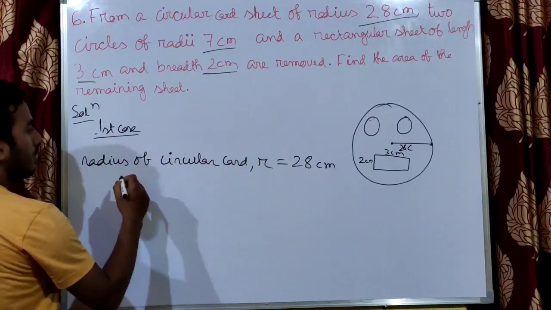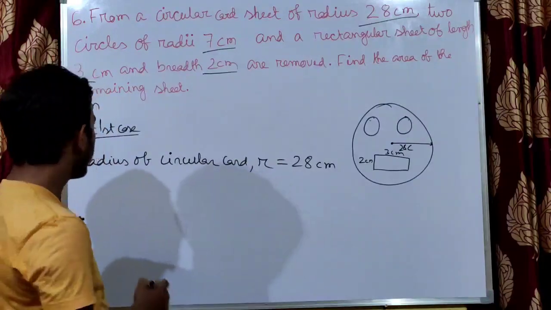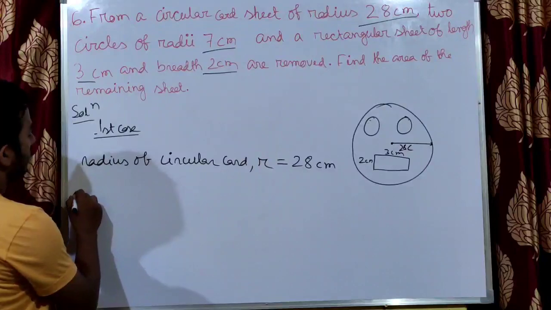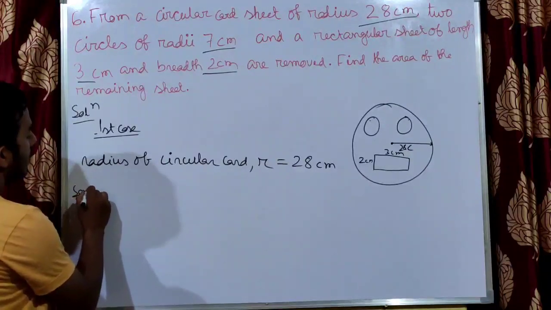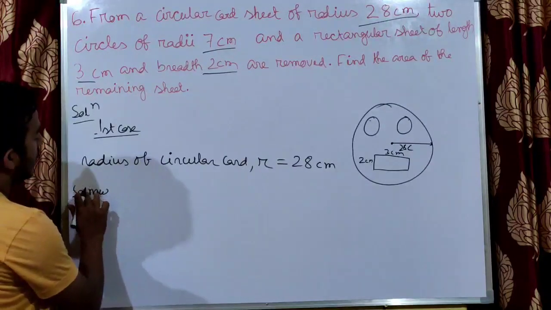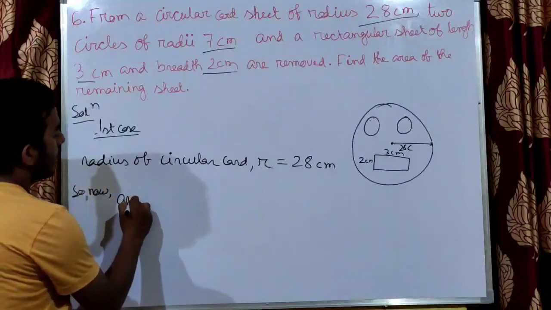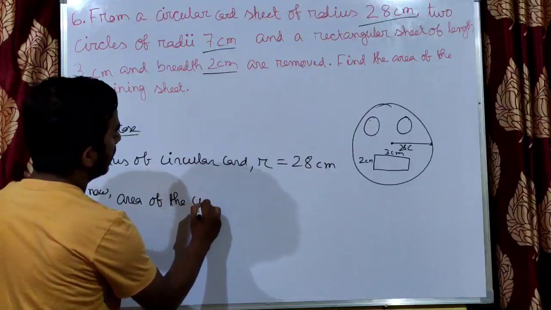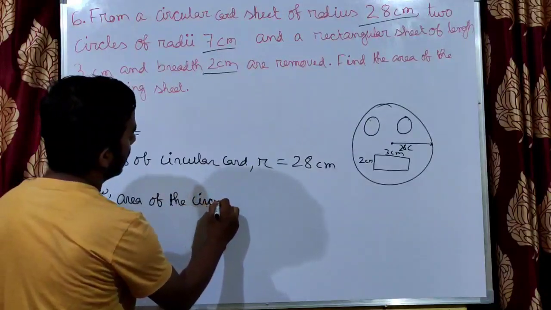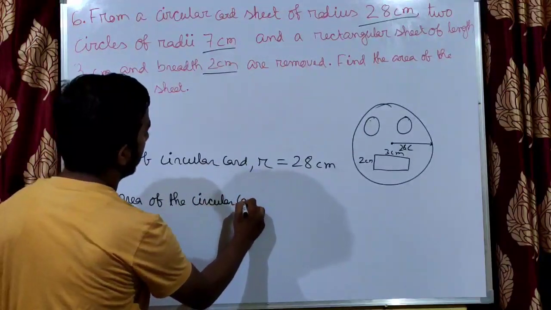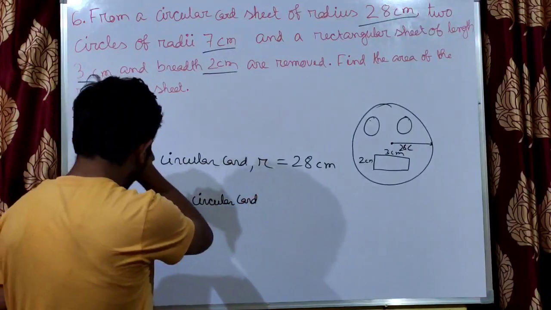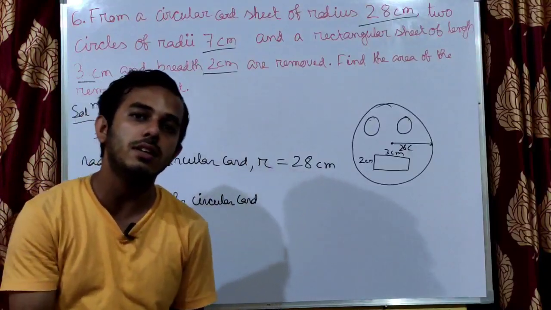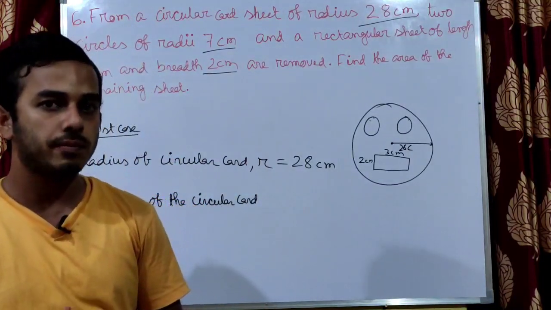So now the area of the circular card. As it is circular in shape, we know the area of a circle is pi r square, right?